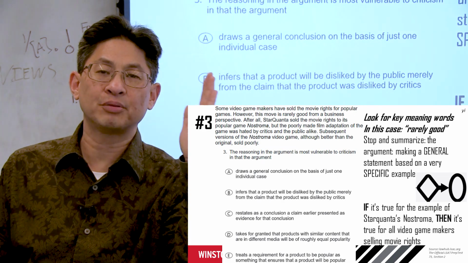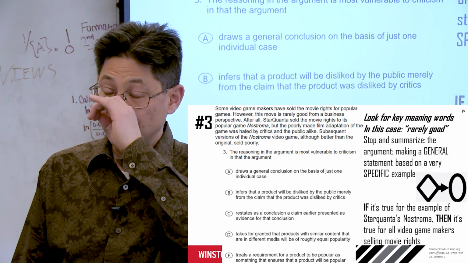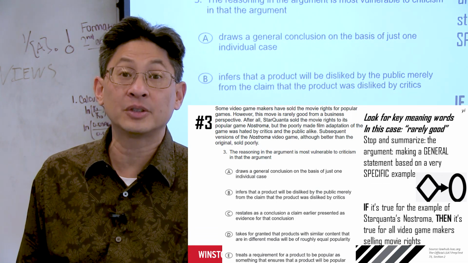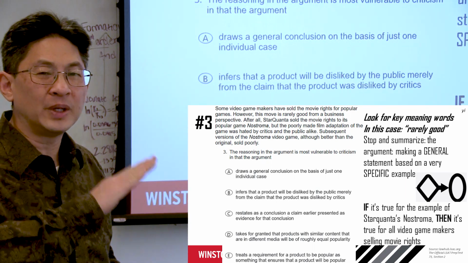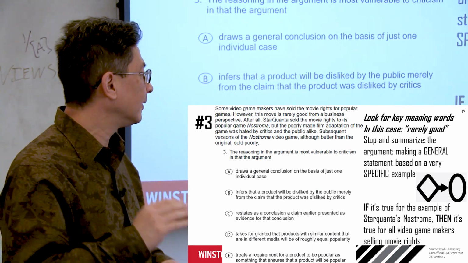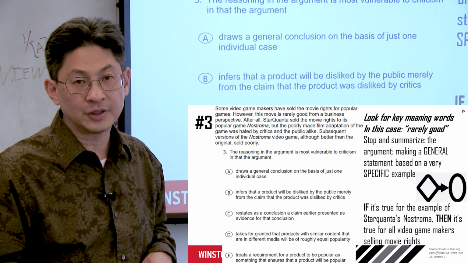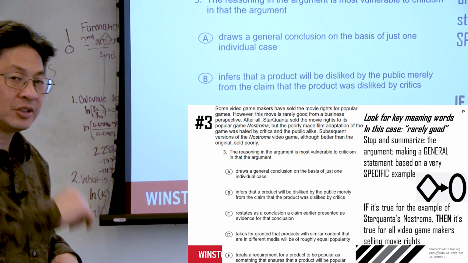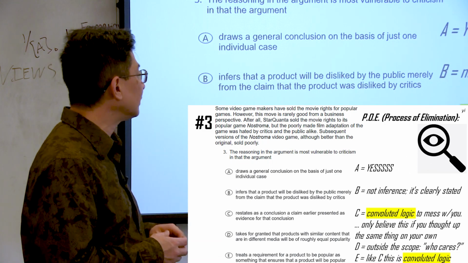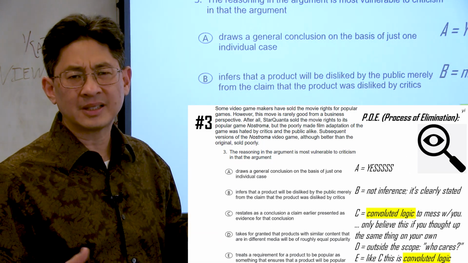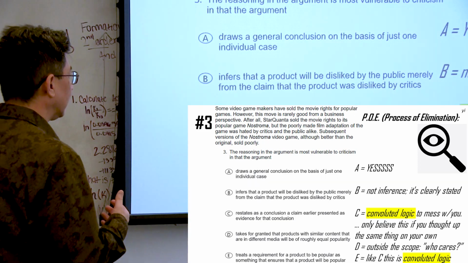But if your barometer is pretty weak and you're not able to do that on a consistent basis, and you're only getting 20 or 30% of those kinds of questions correct, then you know that your barometer is weak and you have to actually go through the rest of B, C, D, and E to make sure that you've covered your bases. I'm going to assume that your instincts are very solid, and for that reason, I'm going to say that A is correct, but just for argument's sake, let's look at the others so that I'm helping you to fully understand what you're looking at.